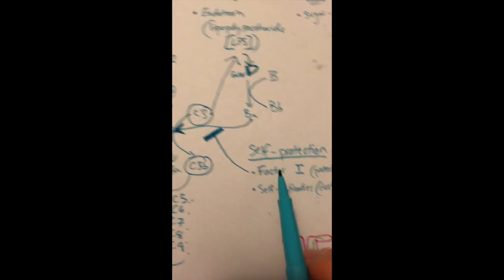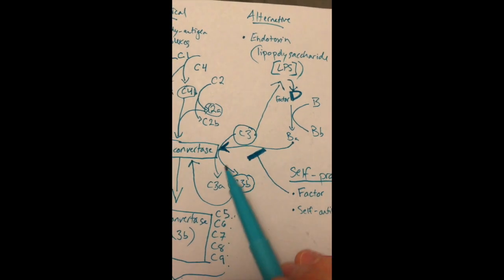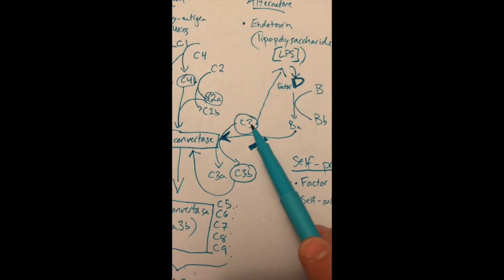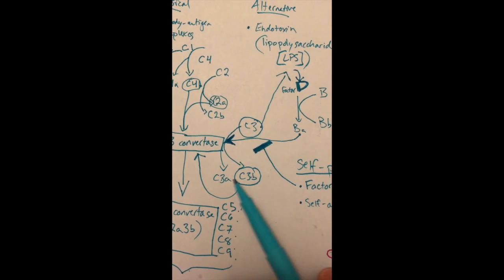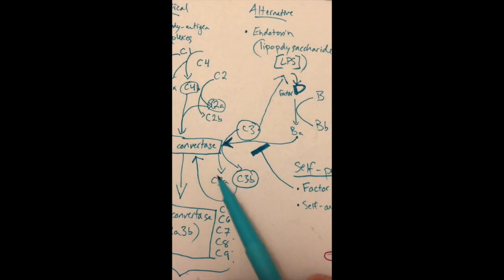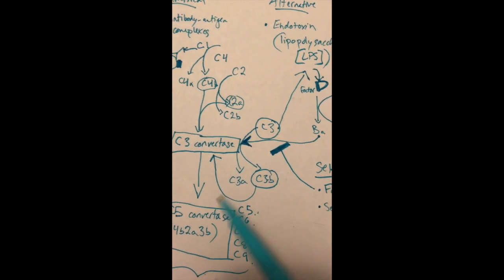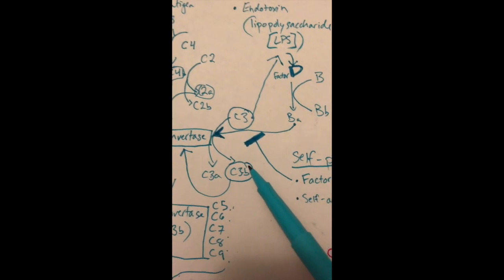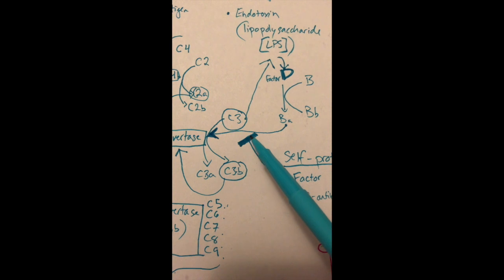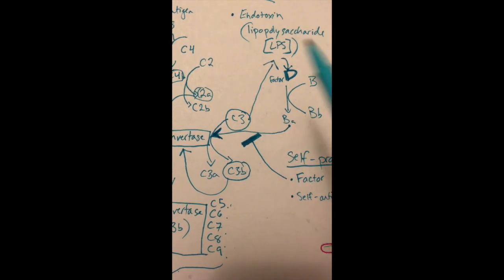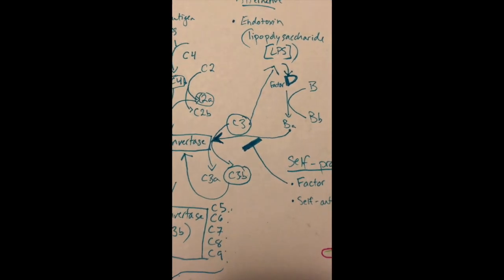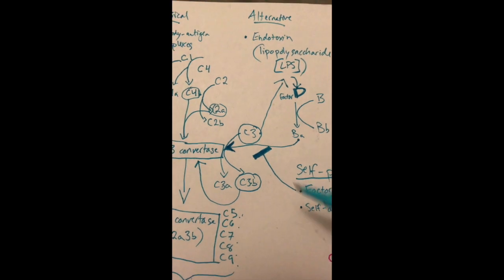If a cell has this, then it will prevent this cascade from proceeding by blocking the cleavage of C3 into C3a and C3b. If this does not occur, then C3 convertase cannot become C5 convertase, as it requires the C3b subunit. So by essentially coating this protein, it releases it from the surface of the cell and prevents this pathway from occurring.